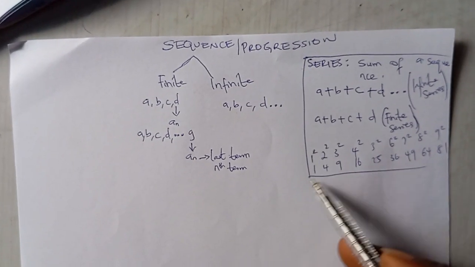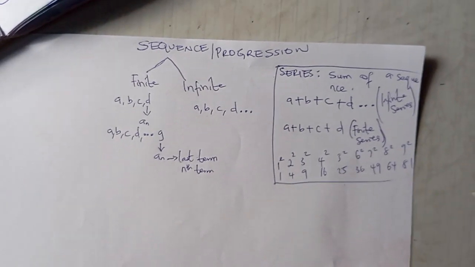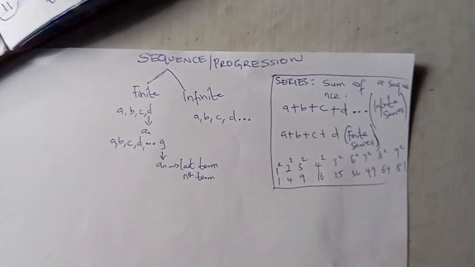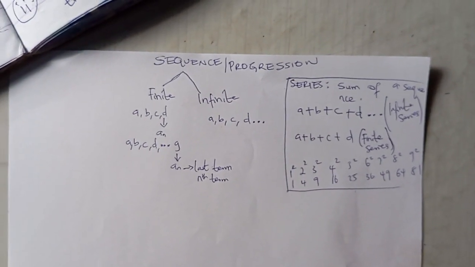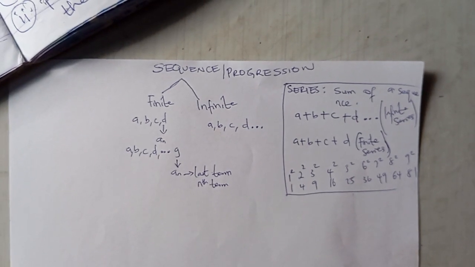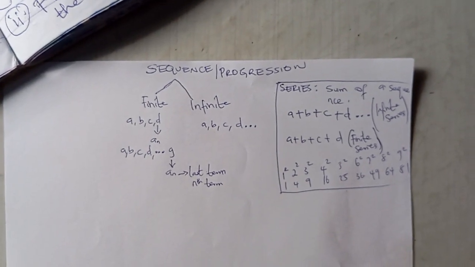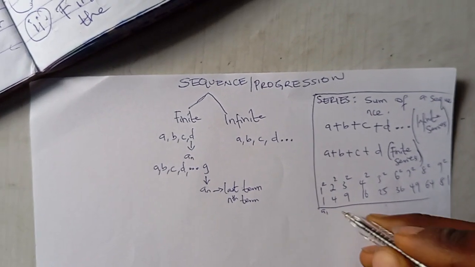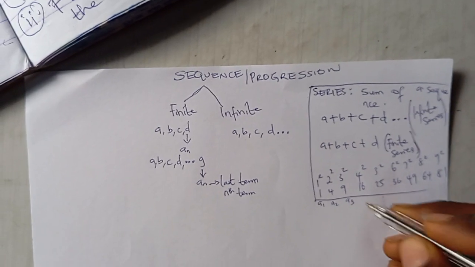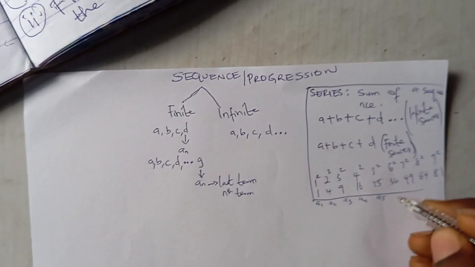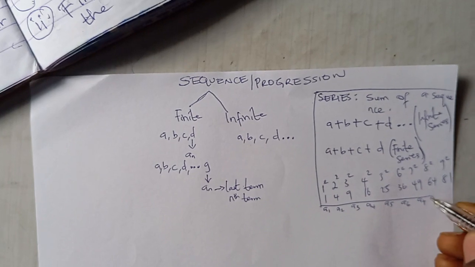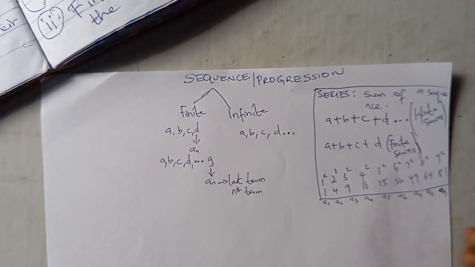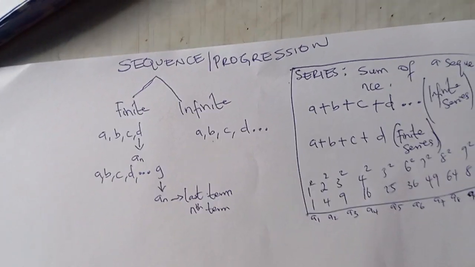So it's just a sequence of the squares of the natural numbers. Whenever you have a one-to-one correspondence with the natural numbers, we talk about a sequence, such that I can say this is E1, this is E2, E3, the third term, fourth term, fifth term, sixth term, seventh term, eighth term, ninth term. I'm using E to mean the terms.